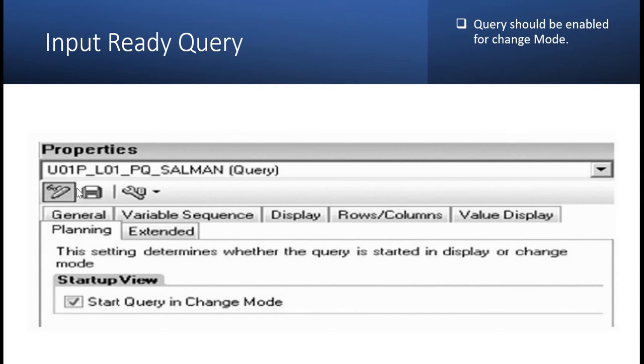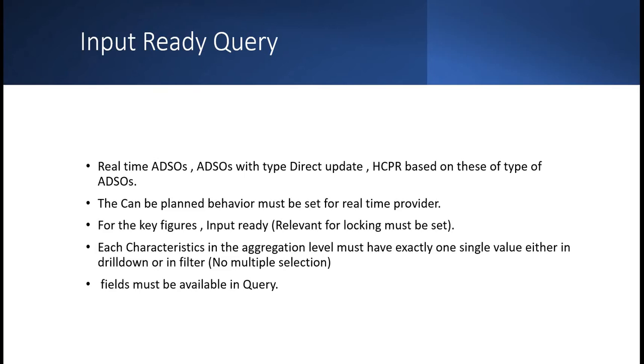the query that you have should be in the change mode. If you go to the query properties, you can find the option called planning, and the query should be check marked here, like the change mode. Now there are some other criteria: the query should be built either on the real-time ADSO or the ADSO with direct update, or the ACPR based on this type of ADSOs.